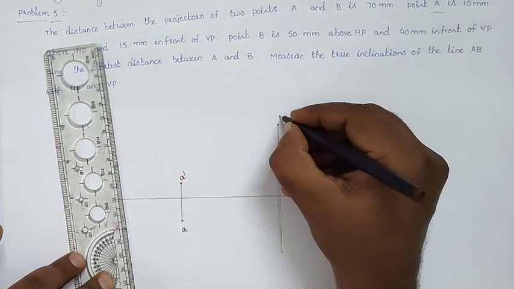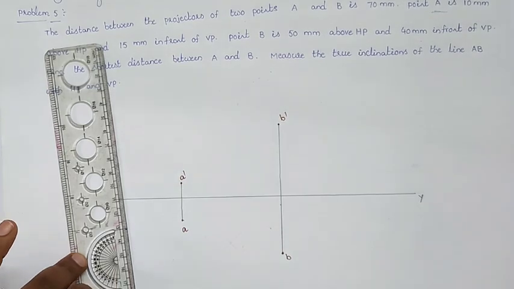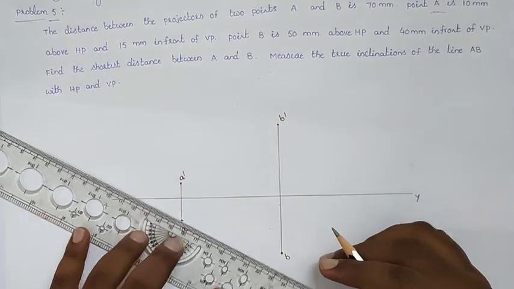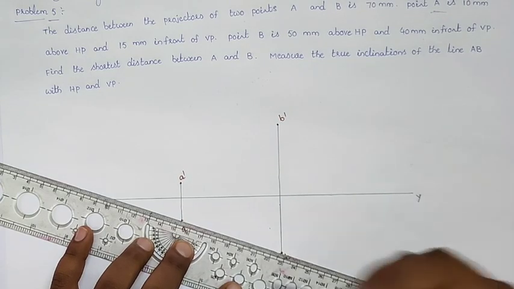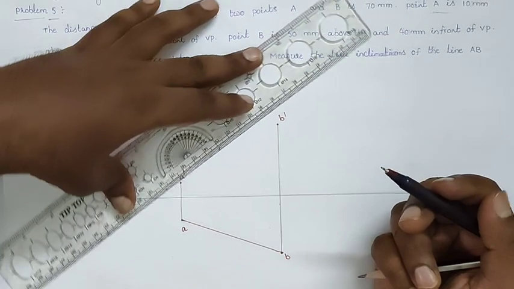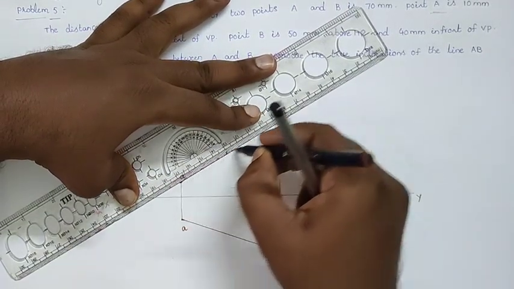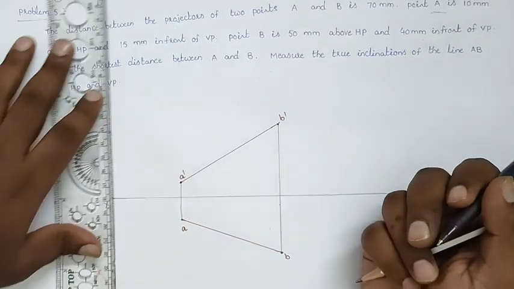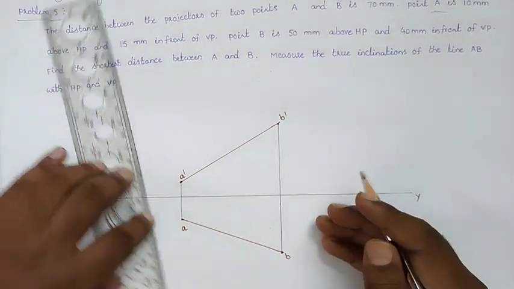So here we will get B dash and here we will get small b. Now join the front view and top view, that means join the line AB and also the line A dash B dash. The reverse of the previous method gives us the rotating line method solution.